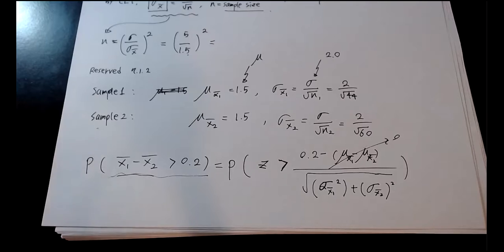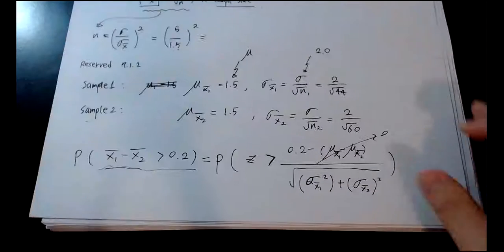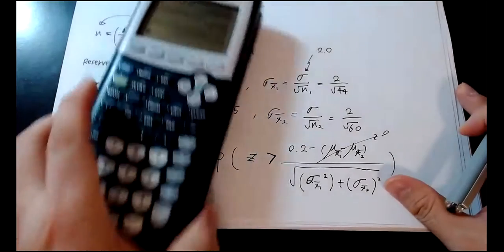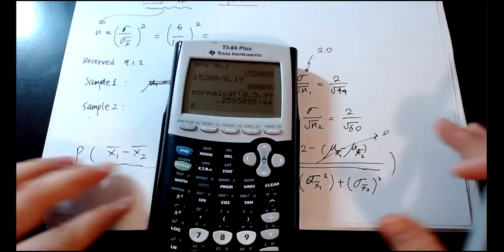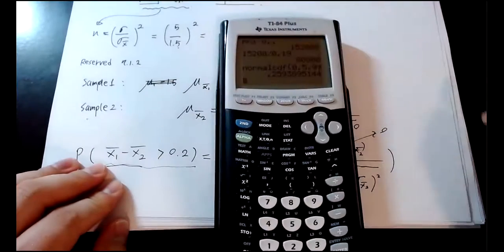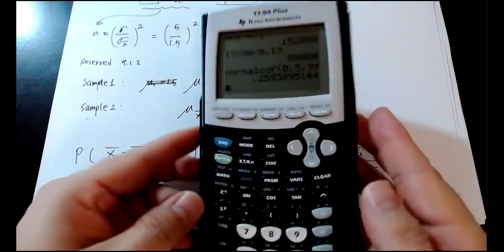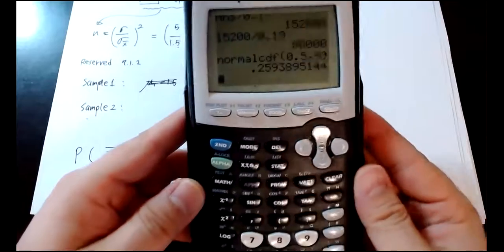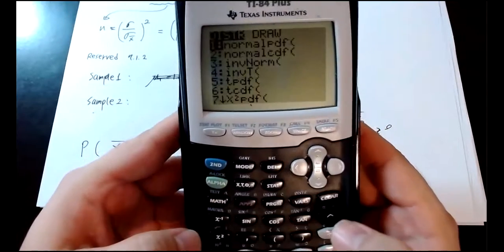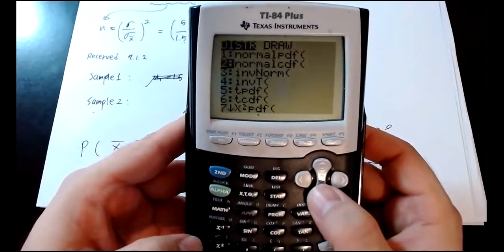Or you can use a calculator. So what are you going to do? Go to the distribution menu. You can use normal CDF.